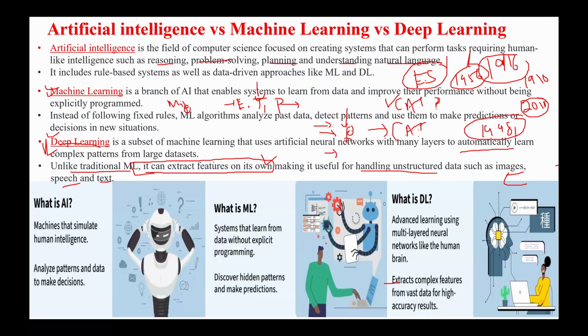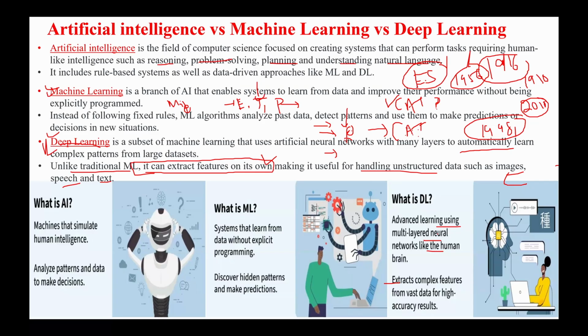Like that, a machine that simulates human intelligence is called AI. A system that learns from data without being explicitly programmed, we call machine learning. Deep learning is advanced learning using multi-layer neural networks like the human brain.